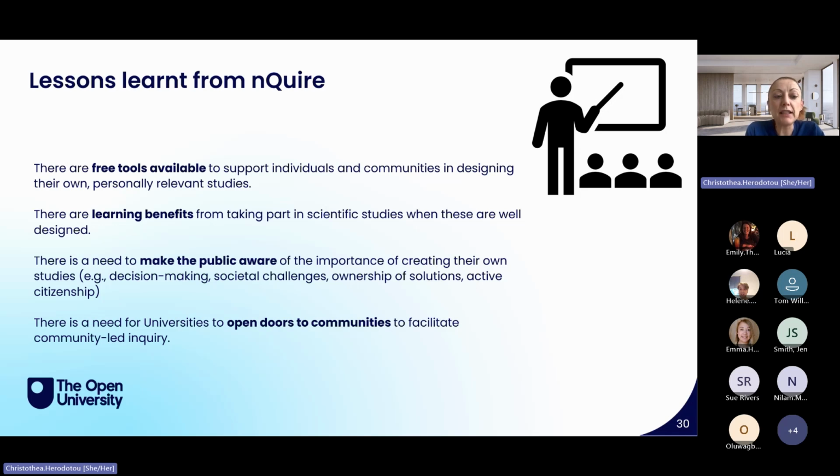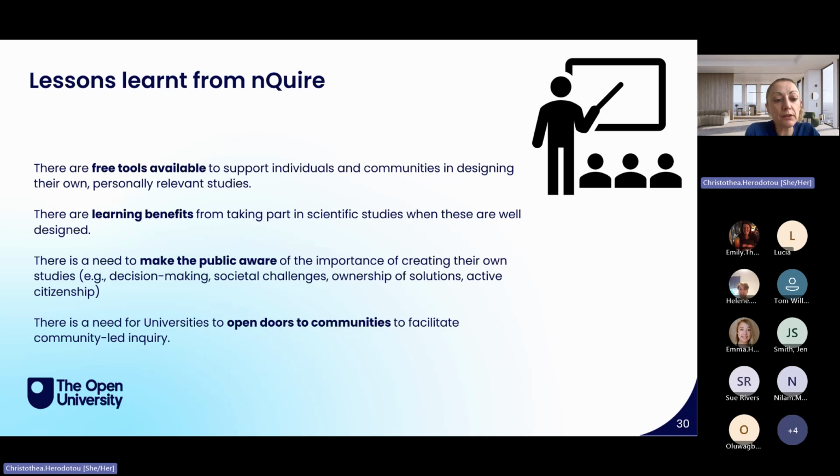The third point here is that we need all of us to raise awareness of the importance of helping people create their own studies. And of course, there are issues here about improving decision-making, addressing challenges in society, developing ownership in any solutions we propose. So there are lots of benefits of working with people to design studies or help them design their own studies.